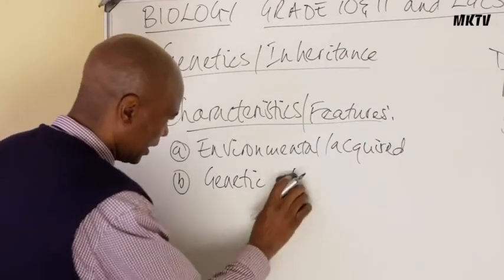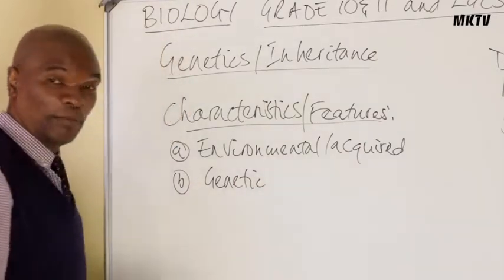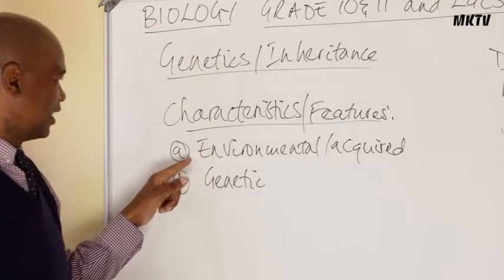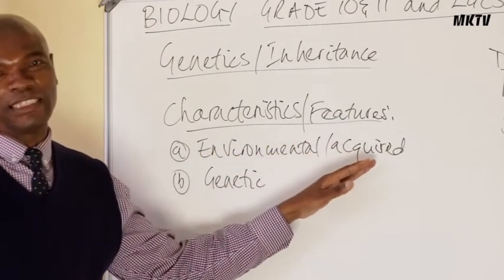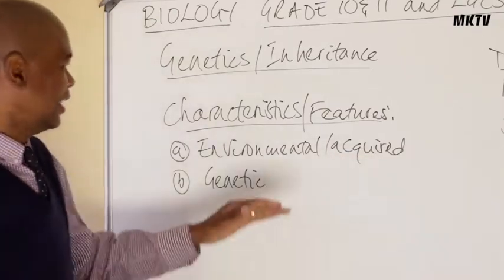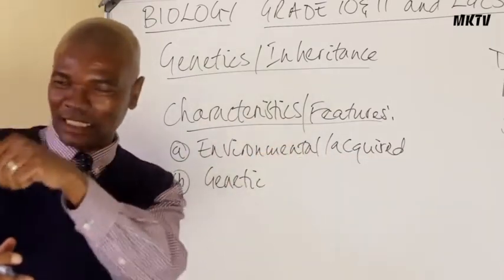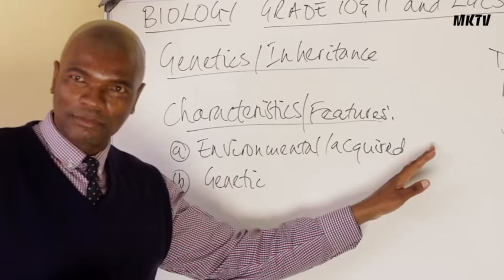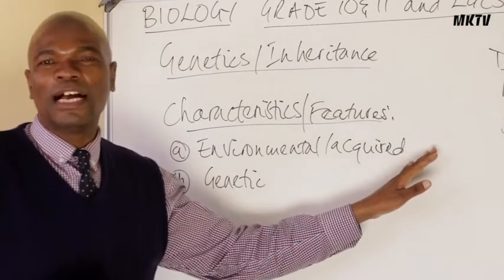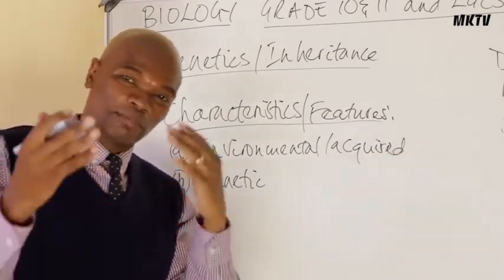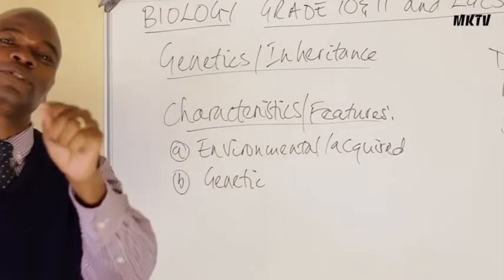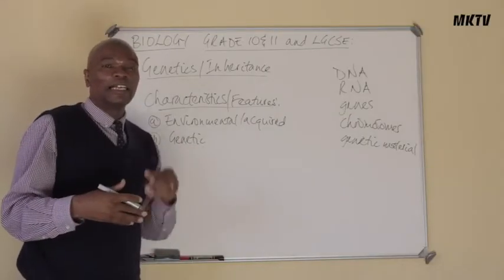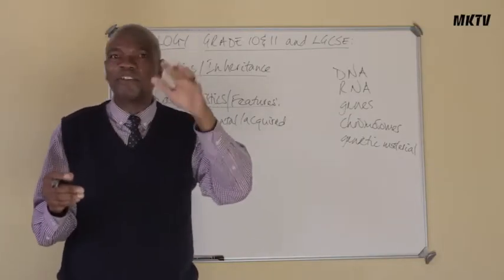Let me make a few examples so that you understand. There are those characteristics that we get from the environment, like languages. I'm speaking Sesotho. It's true I was born a Mosotho, but my ability to speak Sesotho is not genetic. I didn't take it from my parents. I learned it from the environment.